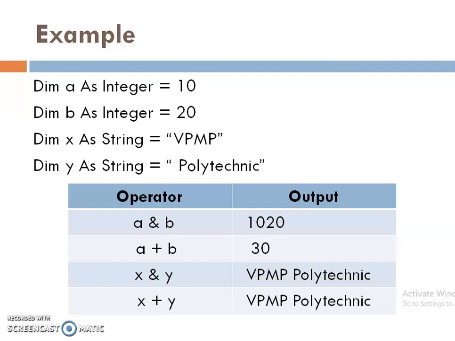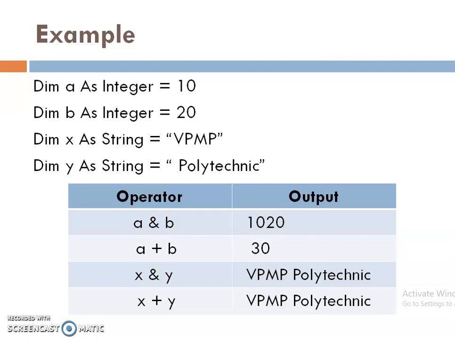Then x and y variables are of string data type, where x value is VPMP and y value is polytechnic. Then we apply these symbols or operators on these variables. First a & b gives the result 10 and 20. We combine both integer values.